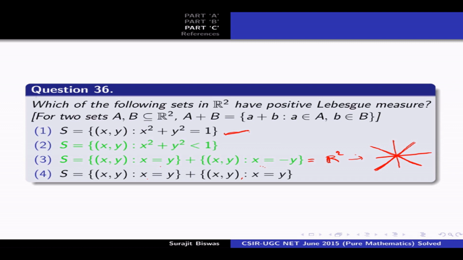Okay, so how do we proceed? First we will show that any open disk of radius r is Lebesgue measurable, of course, because it is open, and that the Lebesgue measure of an open disk of radius r is the area of the disk, that is pi r square. Then we will approximate the unit circle by using the disk.